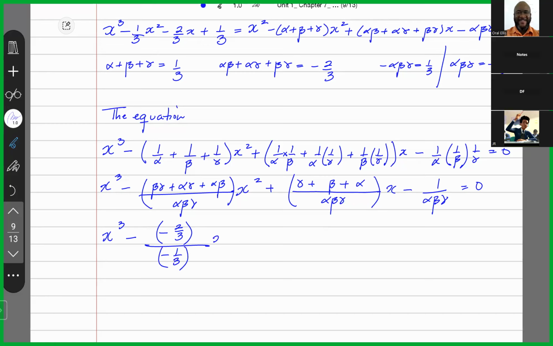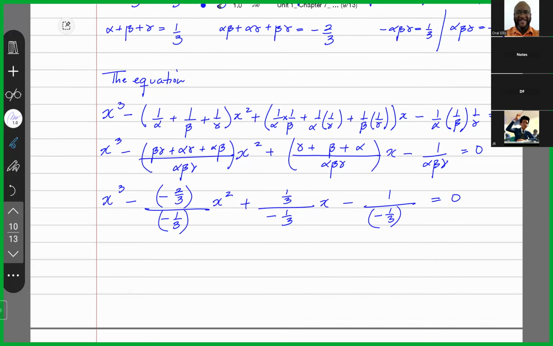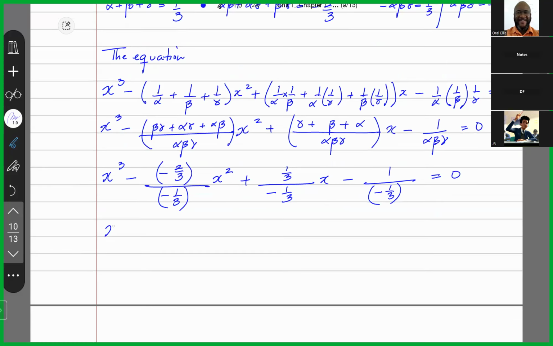And this is x squared plus the sum of the roots, which is 1 over 3, divided by minus 1 over 3, x, minus 1 over minus 1 over 3 is equal to 0. And essentially our job is to just simplify this without making an error. It's not necessarily difficult. This is x cubed minus 2/3 divided by 1/3, which is actually just 2.